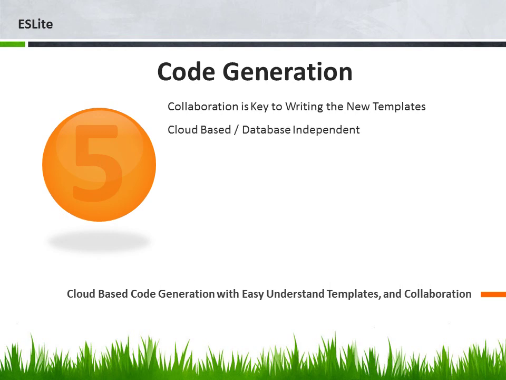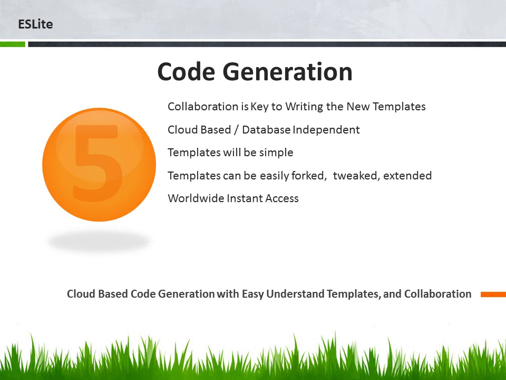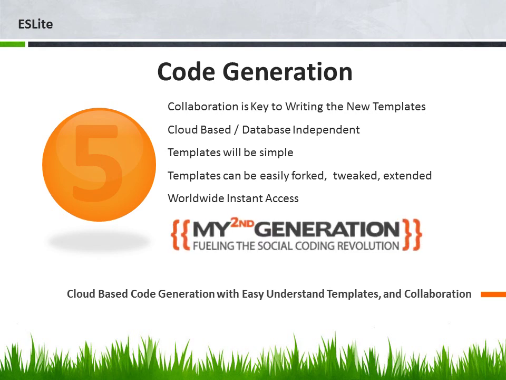We'll do it through a cloud-based system, and it's also database independent as well. Templates will be very simple, based on templating languages. There are 3 already supported: Handlebars, Dust, and DOT. Templates can be easily forked, tweaked, and extended by users. There's worldwide instant access when they're published, and everybody can get to them through the cloud.